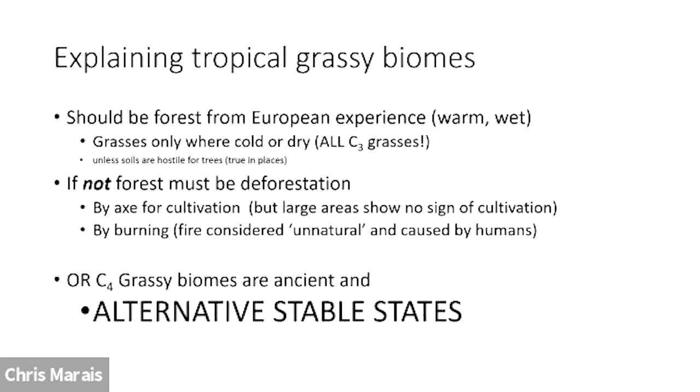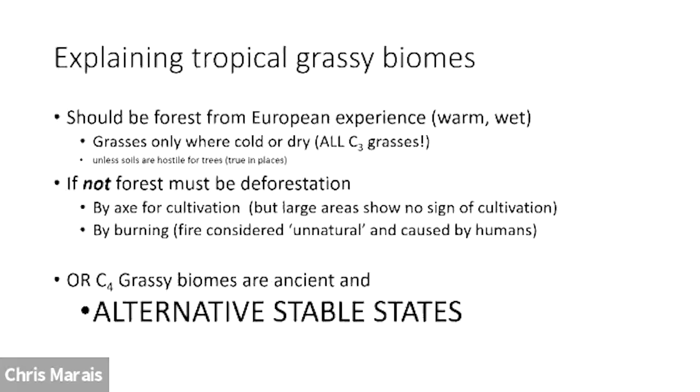So how is this anomaly explained? Well, the European experience was, where it's warm and wet, it should be forest, and you only find grasses where it's cold or dry. And that's because they're all C3 grasses, not C4. C4 grasses are extraordinarily flammable. They are lethal things.